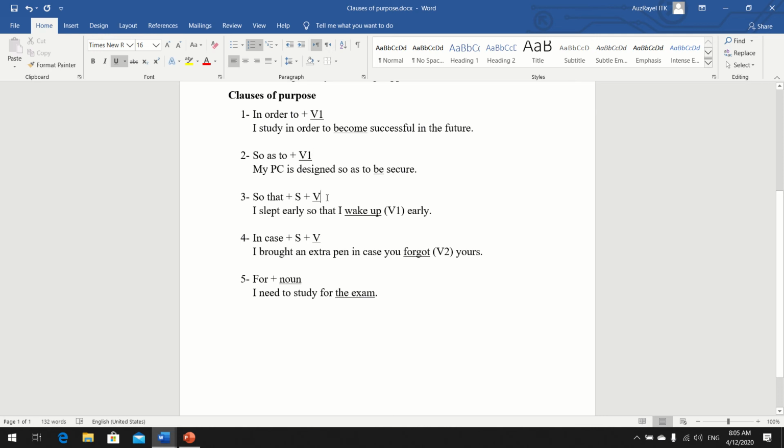The next clause is so that plus subject plus verb. So here we notice that after so that we have to have a subject first, then a verb. And here the verb is not verb 1 all the time. It might be verb 1 or verb 2 or whatever type of verb. Okay?